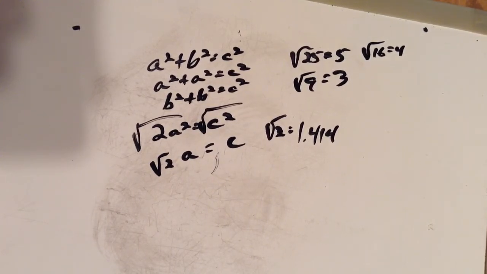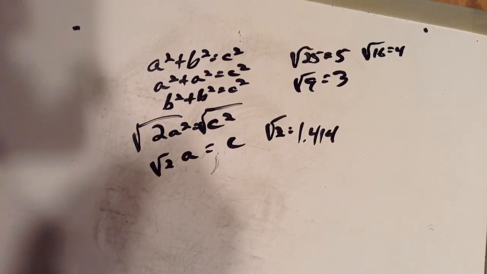Okay, the square root of 2 times A equals C for a 45-degree right triangle. We're running out of time. We'll take up where we left off in part 2.